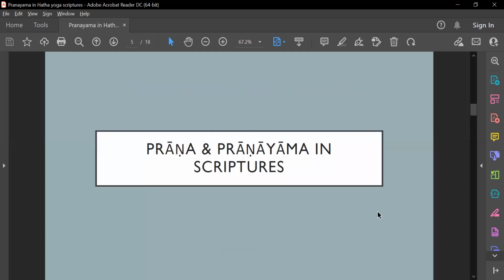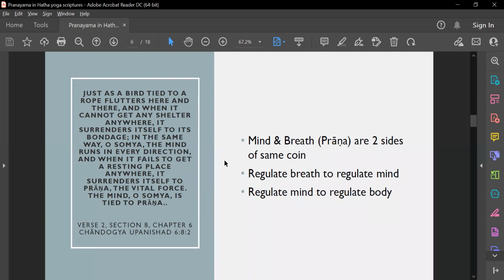So what do our scriptures say? Let's see what our scriptures talk about when it comes to prana and pranayama. There is a very important Upanishad in the Hindu philosophy schools.